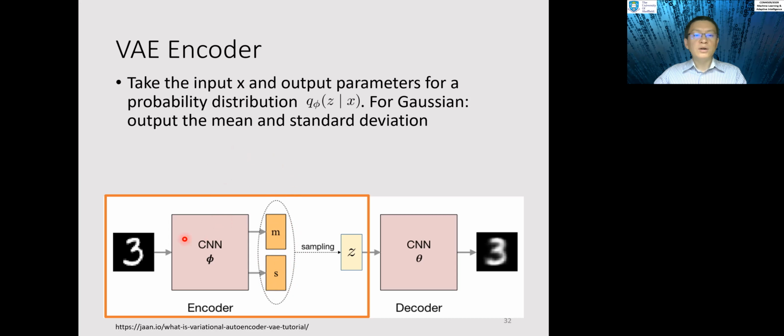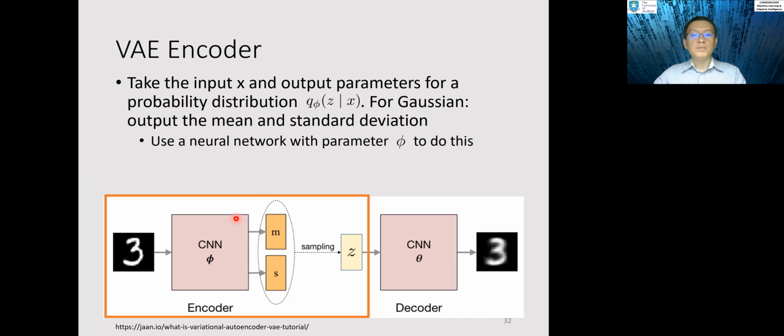The encoder will take the input and output the parameters for the distribution, or the sufficient statistics. This is implemented using a neural network, and that neural network has parameter phi.